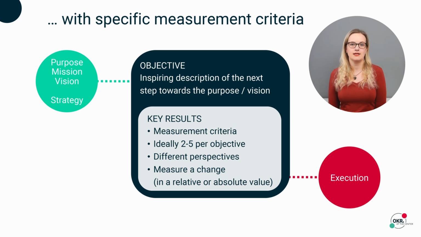These key results give an indication of whether or not you are on the right track towards achieving your objectives. They look at the objective from different perspectives, and they measure a change in a relative or absolute value. Usually you have 2 to 5 key results per objective.